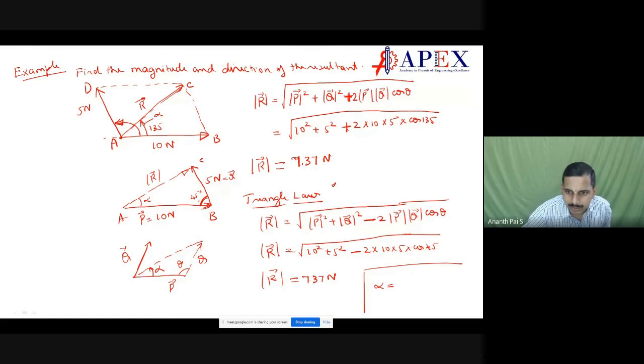This triangle law is very important, students. Very, very important. Done? Tell me what is alpha.